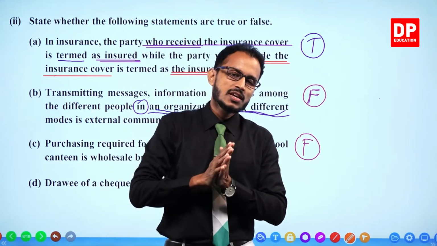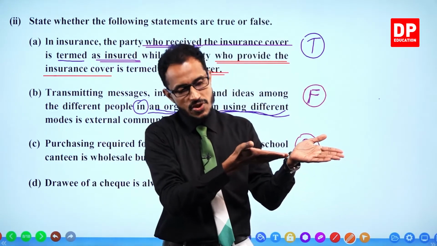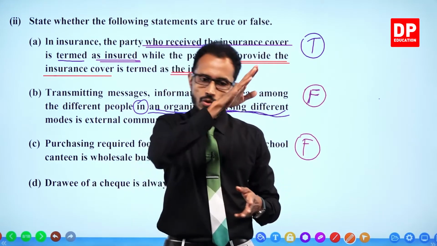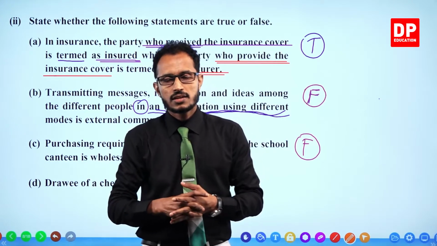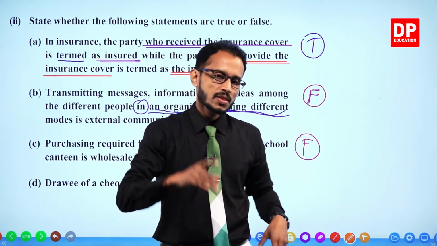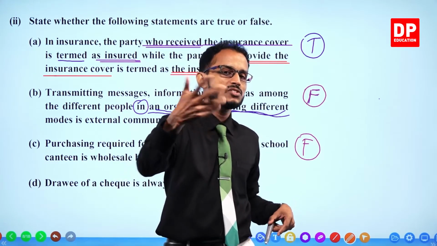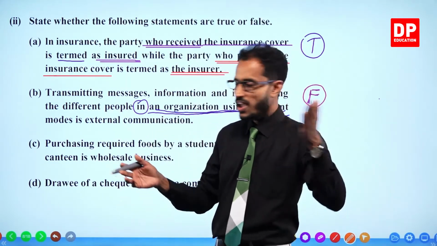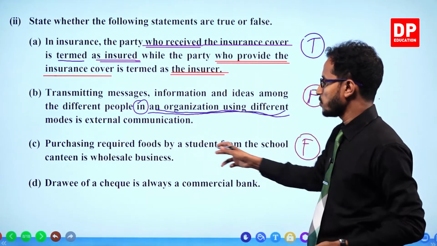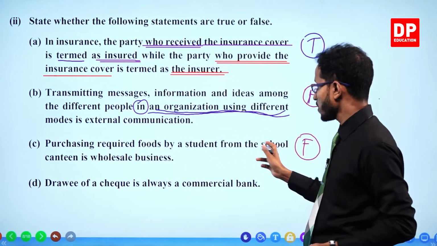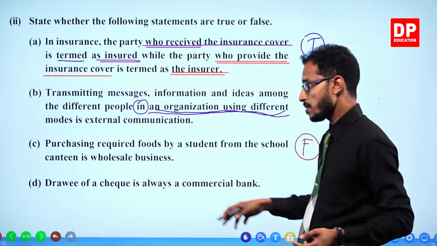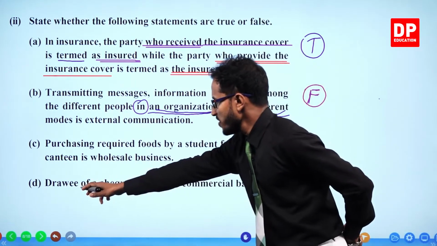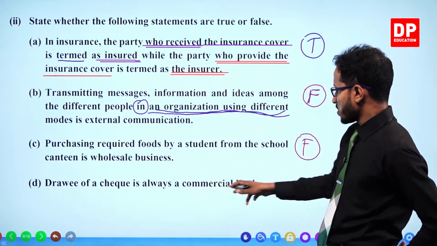In retail trade, they are selling goods for final consumption. In wholesale trade, goods are sold to resellers to be resold. But this is for final consumption, so it's false.